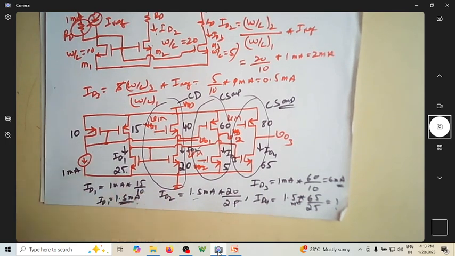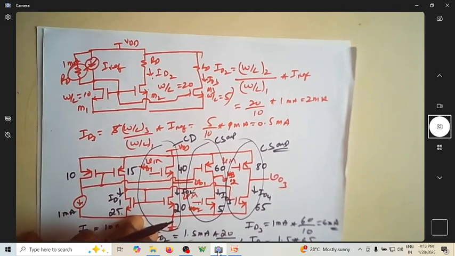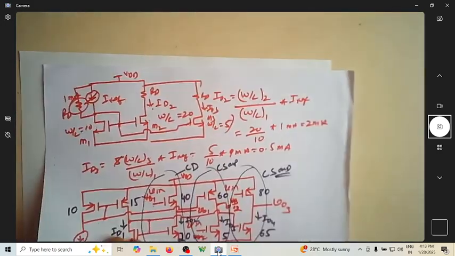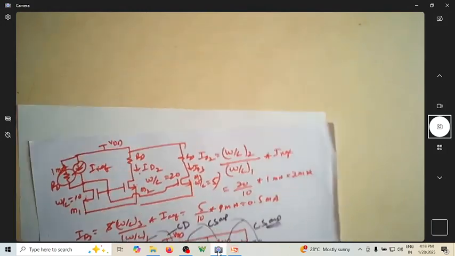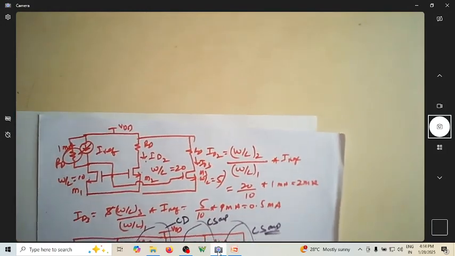This is how you can easily find the current in different amplifiers using current mirrors, and mirror the current as desired.